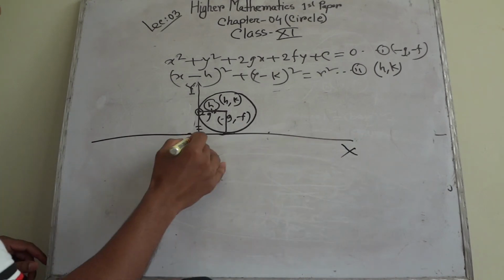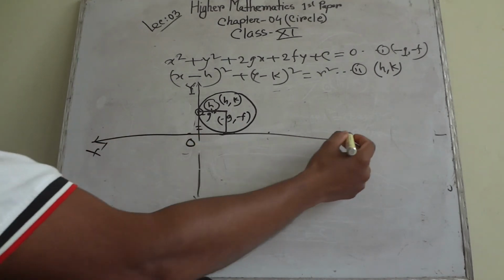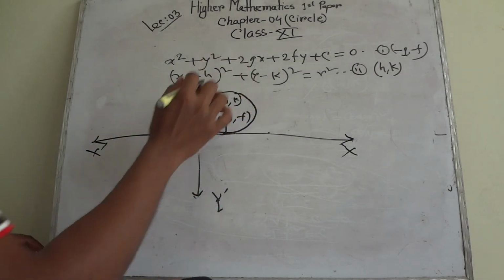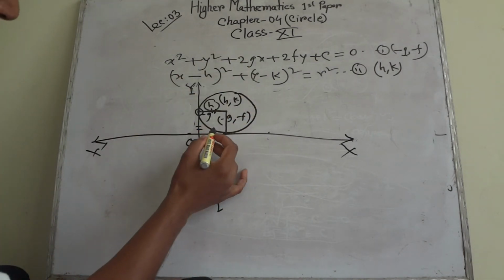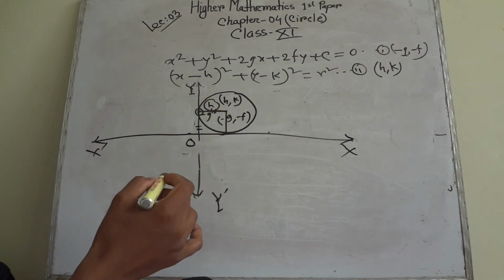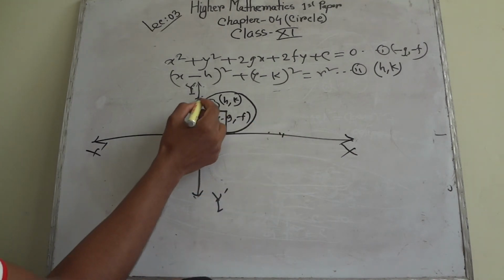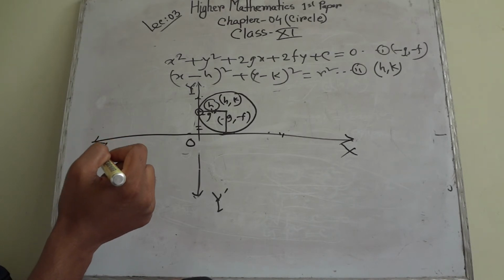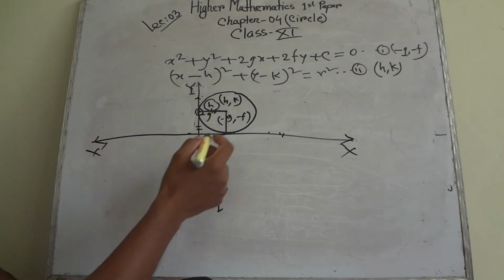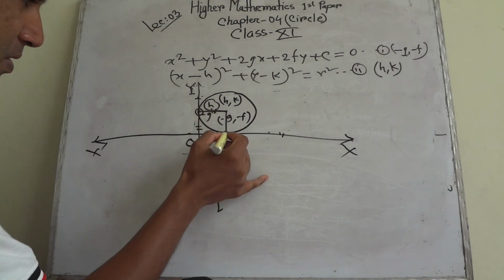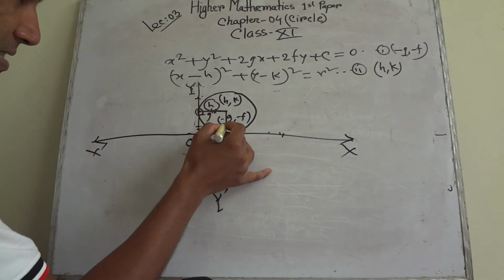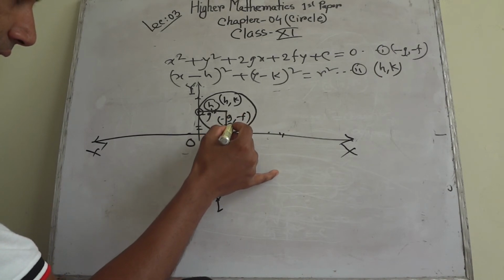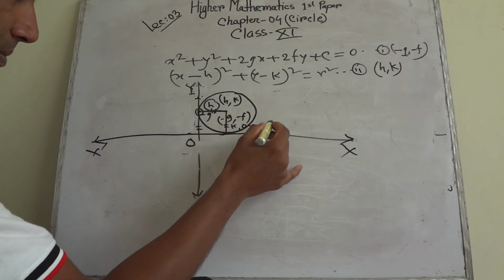This is y prime. This is y. Okay. Now follow this. The circle touches both axes, that is the x-axis and the y-axis. As the circle touches the x-axis and the y-axis, the point of contact will be this and the point of contact will be this. As this measurement is equal to, we have already discussed, k or minus f.